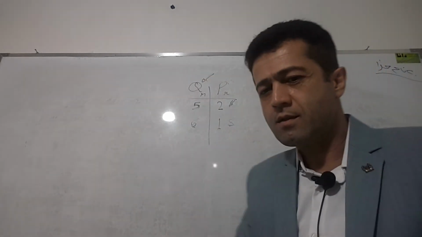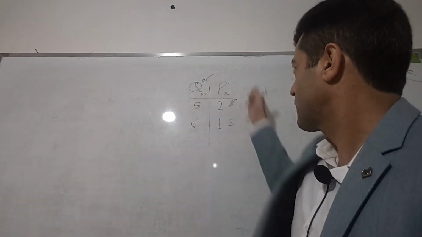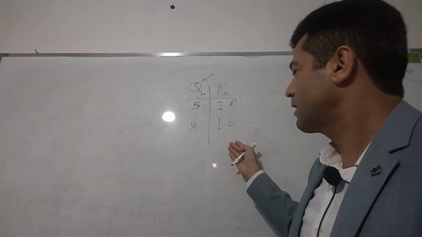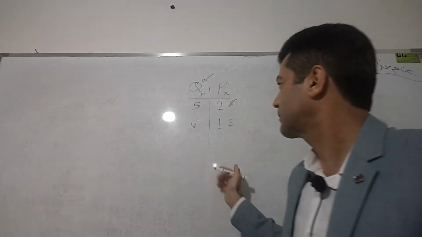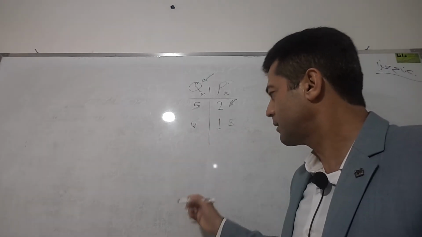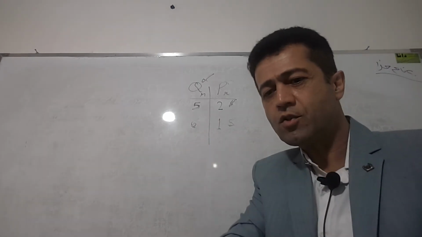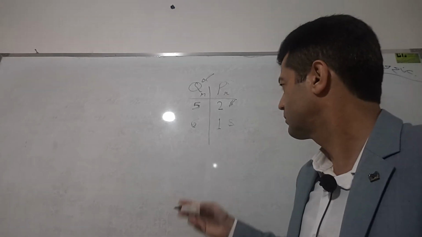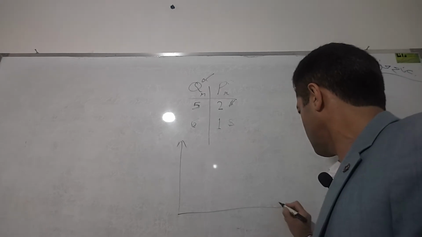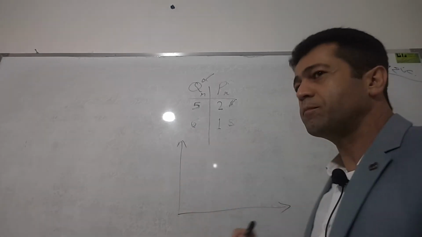Here, this is, as I told you, the demand schedule table. Now we want to draw the demand function. Here is a coordinate system.